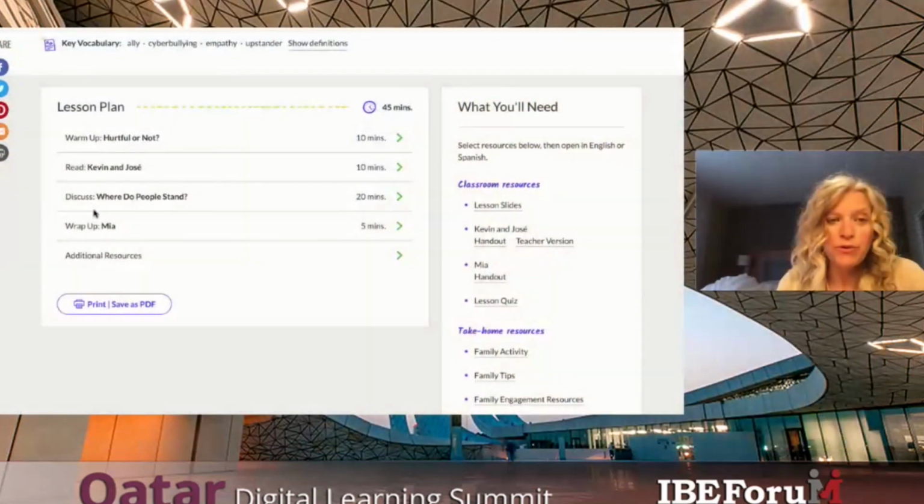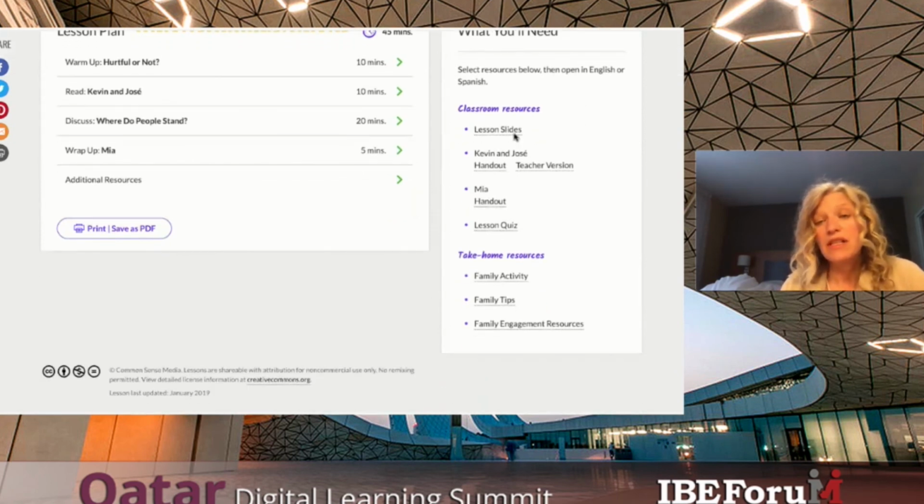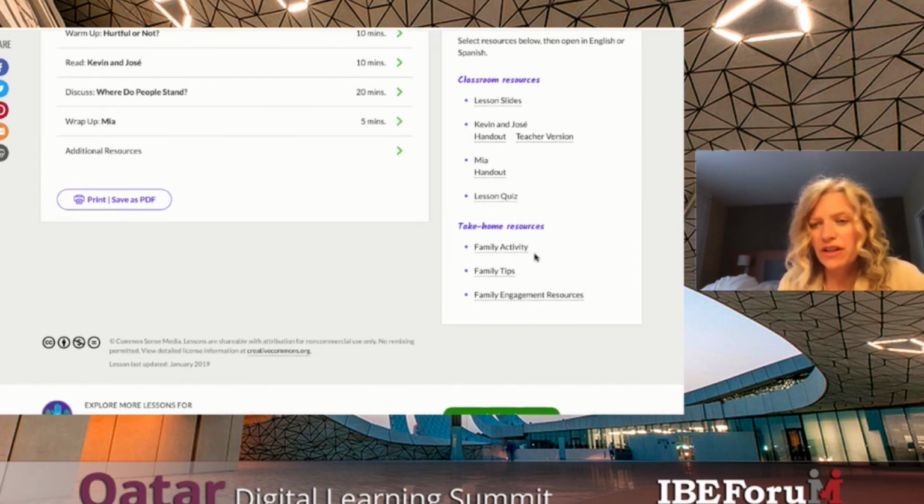So this lesson right here has a lesson plan. It talks about a warm-up, read, discuss, and then over here on the right-hand side, what you'll need. There are even some slides that they can use with their students, a handout, a teacher version of it, and even a quiz. And right here, I think someone mentioned this earlier in a question about getting the families involved.